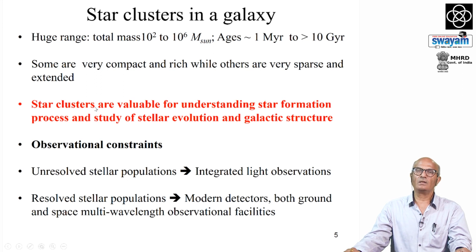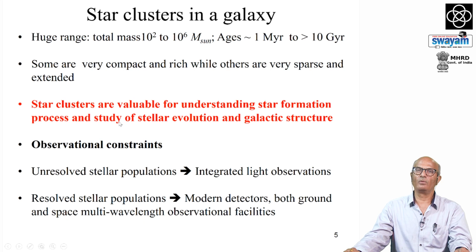I can summarize that star clusters are valuable for understanding star formation processes, the study of stellar evolution, and galactic structure in a galaxy, because the properties I described earlier help us to study them. Young star clusters can tell us about the star formation process, because they can be used to find out the initial mass function, star formation efficiency, and various other things.